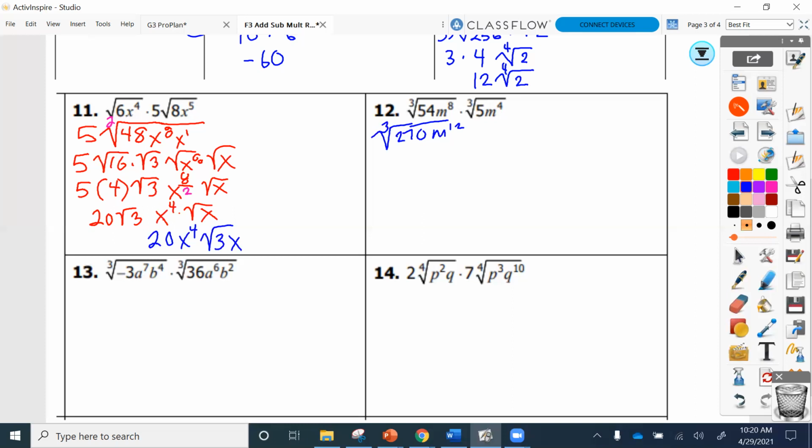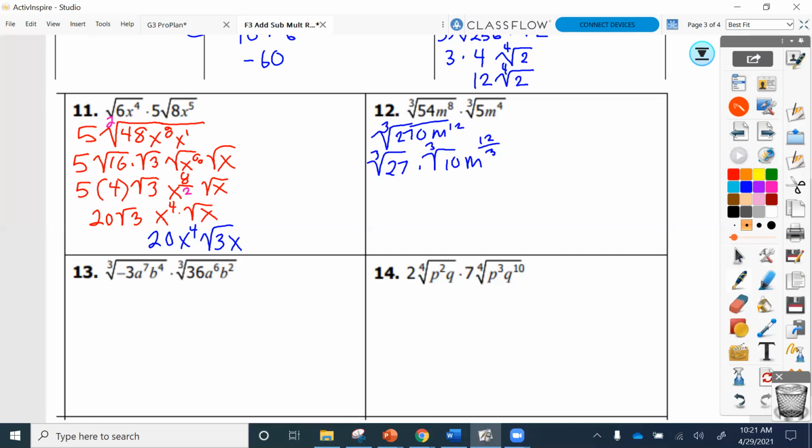So we'll set this up. Well, I know that 27 is a cube root, so we'll split that up as cube root of 27 and cube root of 10, since 27 times 10 is 270. And then this is just going to be 12 divided by that index of 3.